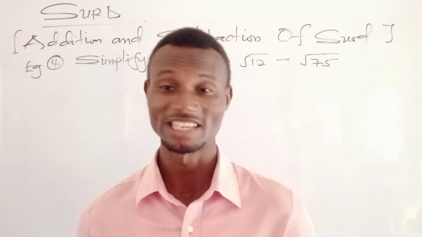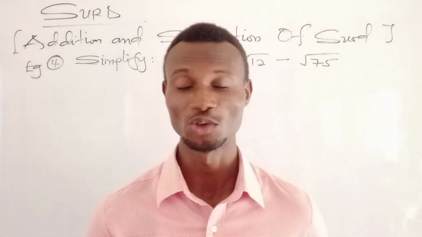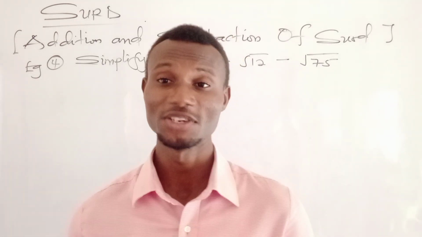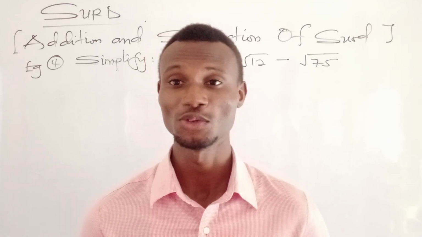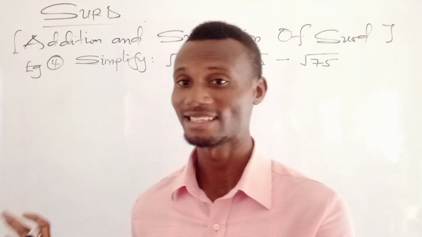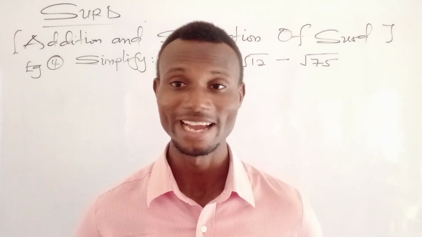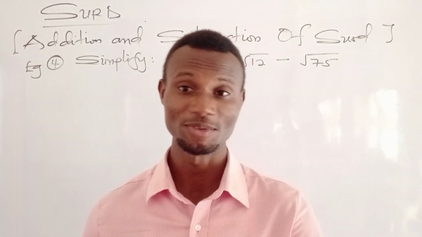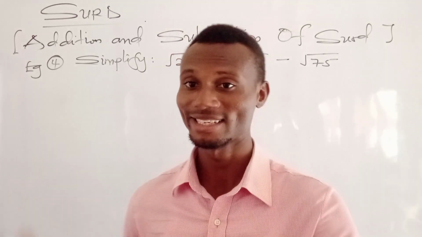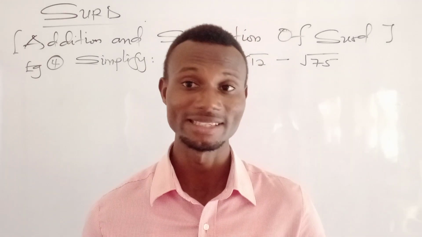I've done all those explanations in the previous videos, so do well to watch all the videos that I've done on surds, so that we can easily understand this one. As I said, this is just a continuation to solve another example with you, so that handling this session can be easy for you.